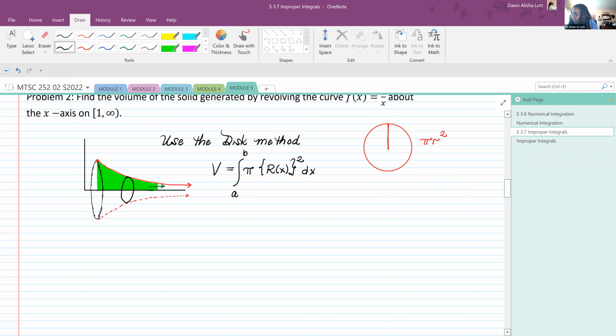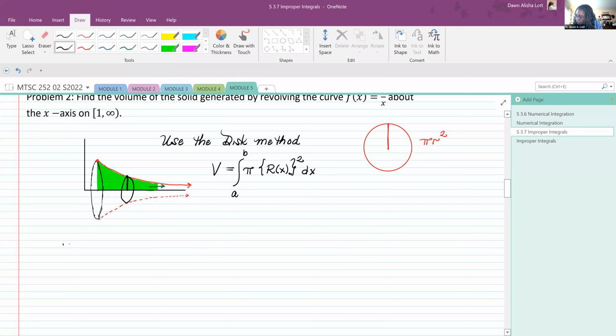Okay, so for this problem, what is the radius? The radius is the height. So what is this height? What's the height of the disk? Is it f of x? It's f of x. It's the function value. Okay, good.